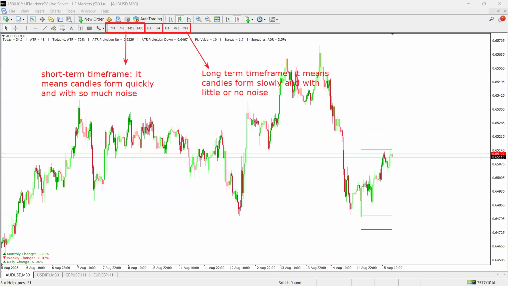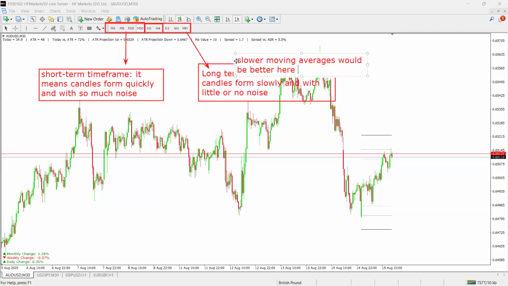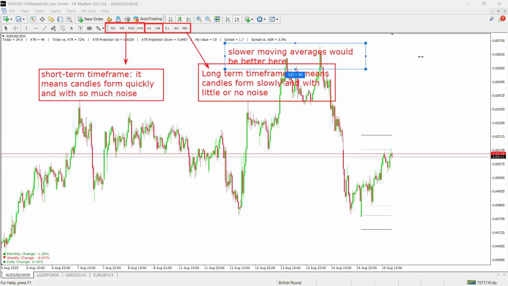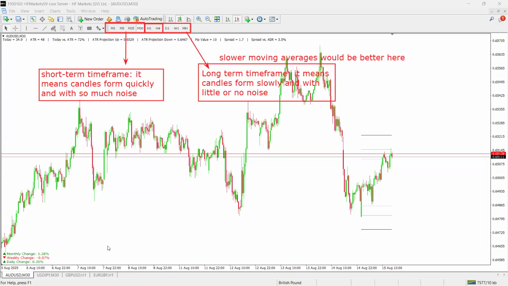Now, remember we've just talked about faster moving averages and slower ones. It means slower moving averages will be better here, right? And then the faster ones will be better here.